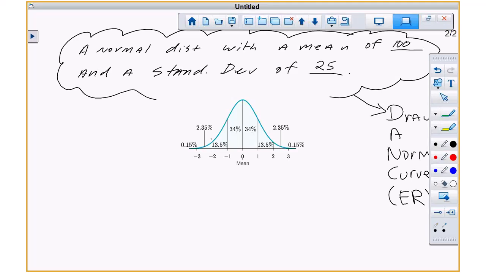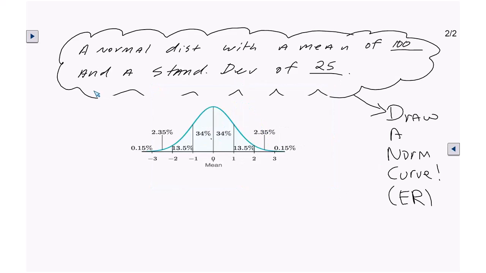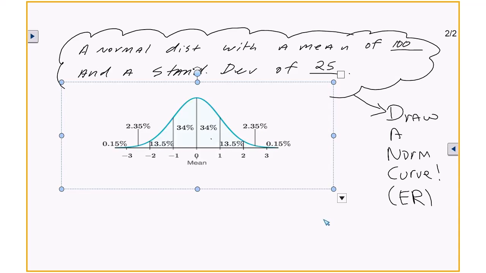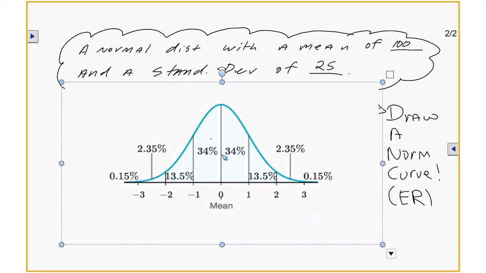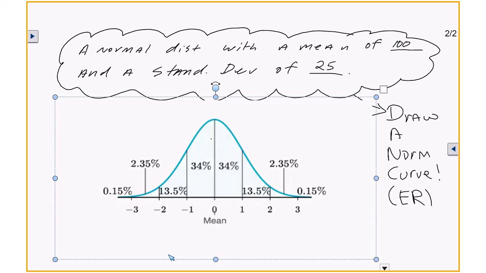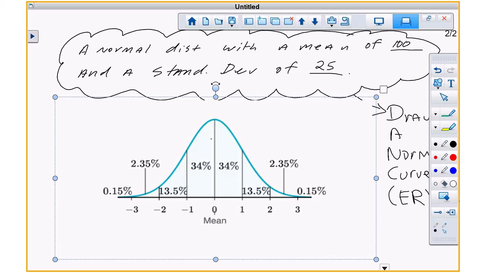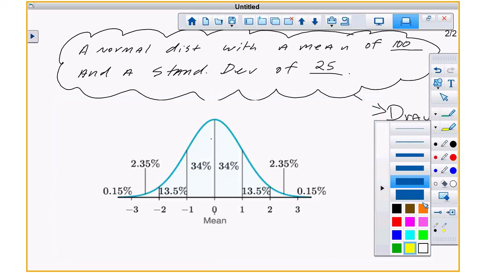Whole lot easier to draw it, isn't it? And let's make it a little bit bigger. And I'm going to block out the bottom, and give me a second to do that.